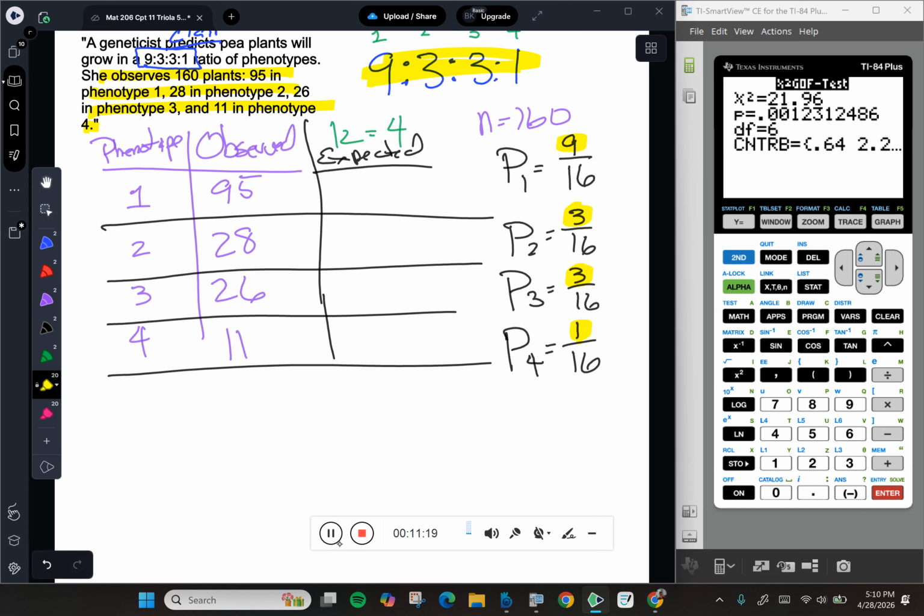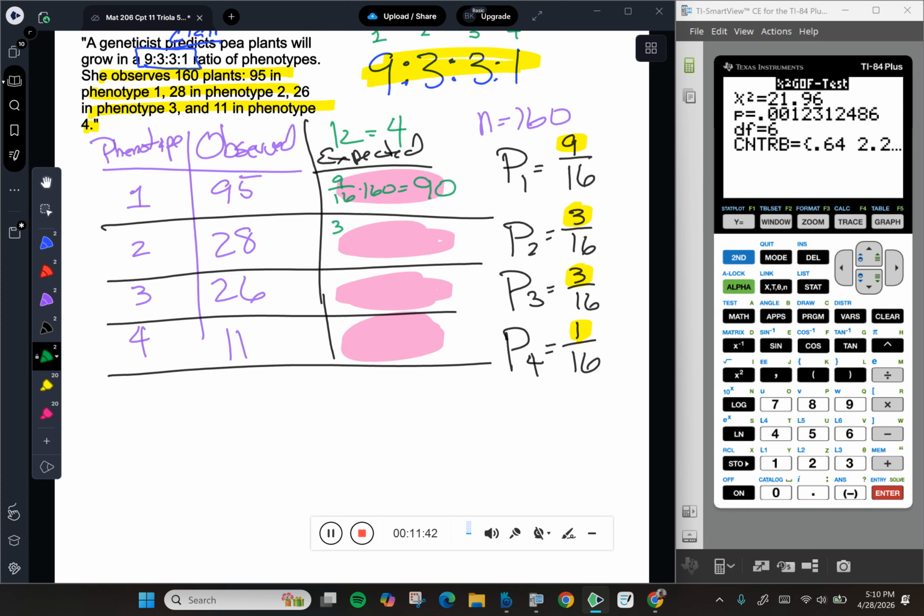So then the expected values, all of these numbers right here, should all be their probabilities multiplied by the sample size, in this case 160. And so for that first one, this is going to be 9/16 times 160, which is 90.